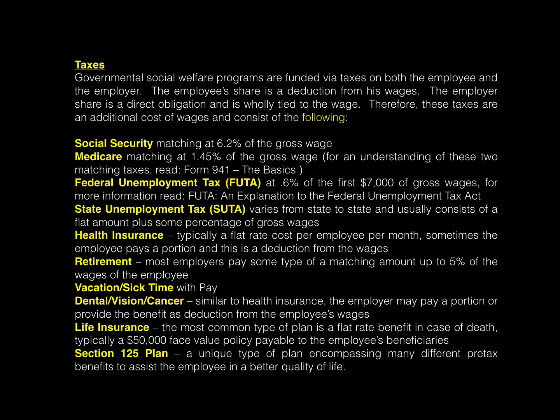Life insurance is the most common type of plan, and it has a flat rate benefit in case of death, typically a $50,000 face value policy payable to the employee's beneficiaries. Section 125 plan. This is a unique type of plan encompassing many different pre-tax benefits to assist the employee in a better quality of life.